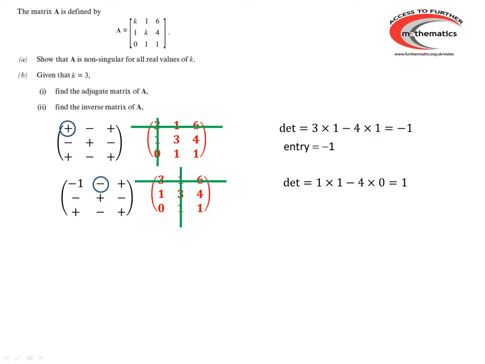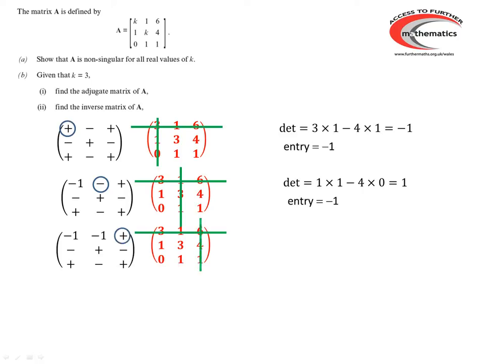And in this case, the entry that we've got circled is a minus, so we've got to change the sign of this determinant. So the entry we're going to make is minus 1. Moving on to the next entry, cross out the row, cross out the column, value of the remaining determinant is 1. We've got a positive there, so the entry is going to stay the same sign as the determinant, so the entry is going to be 1.